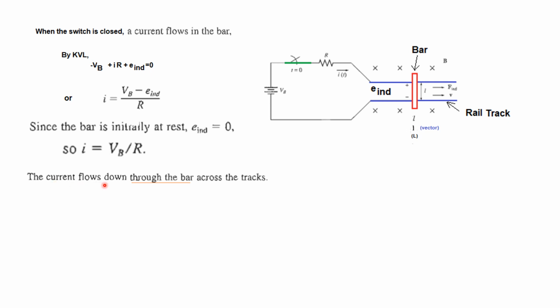The current flows down through the bar across the track. Now we have already discussed the direction of the current. Since it is going from the positive terminal of the battery, it is flowing down through the bar.